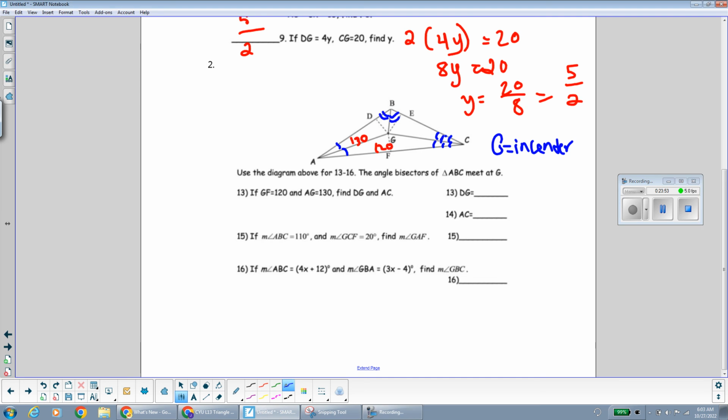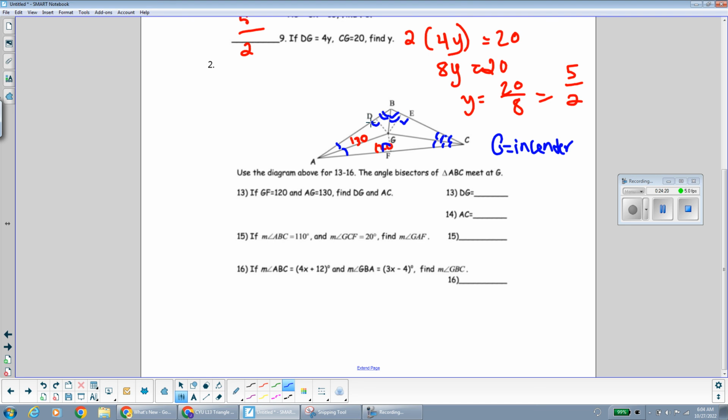So this one's a little bit more difficult than what we're going to see on a test coming up. But a fun fact about the in-center is that it is equidistant from the sides of the triangle. The way to measure the shortest, equal distance is with an altitude or a right angle.